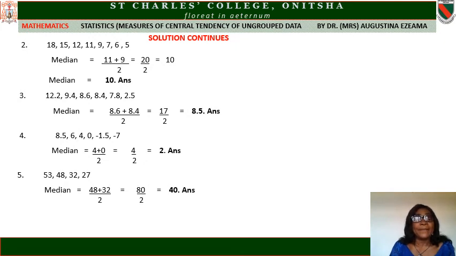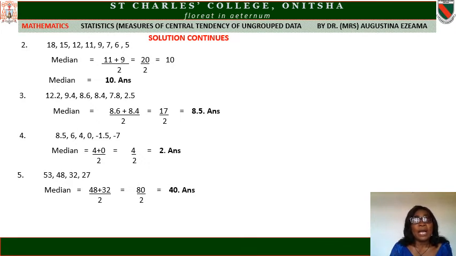Number 3: 12.2, 9.4, 8.6, 8.4, 7.8, and 2.5. The median there is 8.6 plus 8.4. If you sum them up, you get 17 over 2, which gives us 8.5 as the answer.